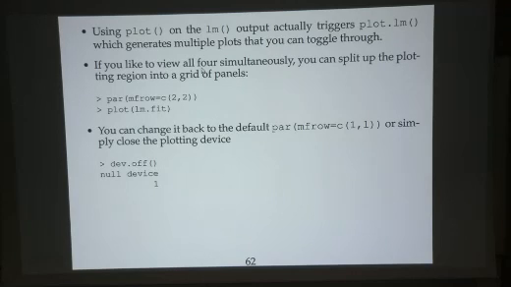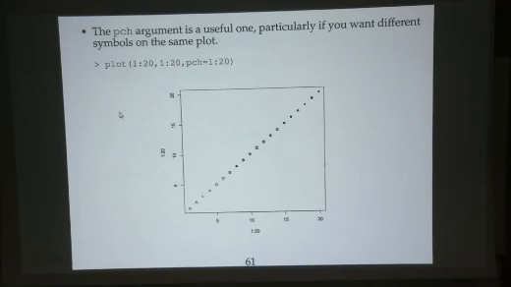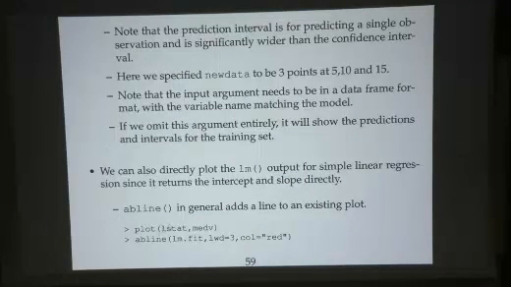So plot on the linear model actually generates multiple plots. If you just write plot of lm.fit, okay, here you're just plotting lstat versus medv, and then you're adding the line using this lm.fit.